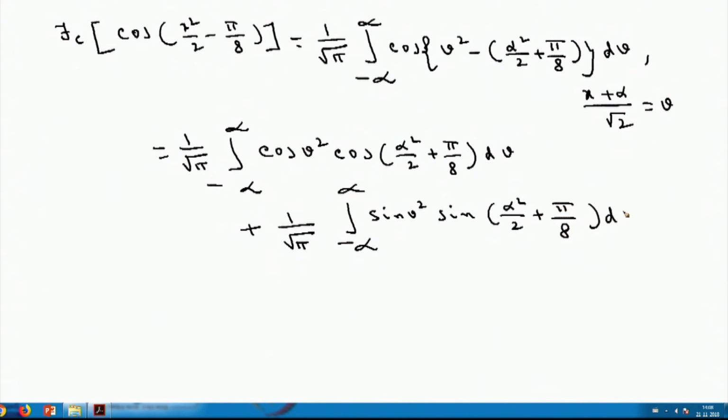Basically, it was cos of a minus b form, and from there, using the trigonometric formula, I am getting it.